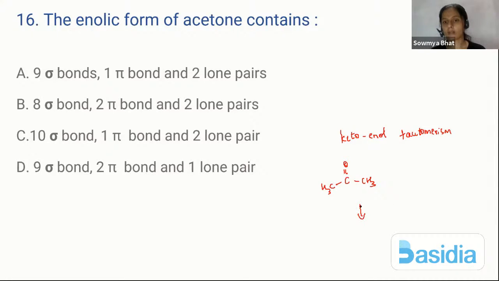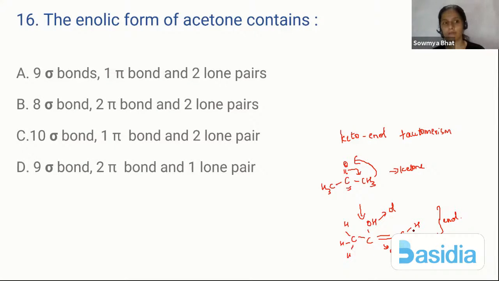And the enol form is when one of the hydrogen shifts here, then the double bond comes here. So I can write it as COH, double bond, CH2. I'm writing this way to make it easier. So the C is here, hydrogen is here, hydrogen is here, hydrogen is here. So this is a ketone. C double bond O is a functional group called as ketone. If you take this one, this is ol, alcohol, and this is ene. Together, it is called as enol form.